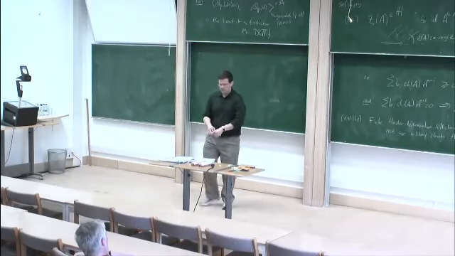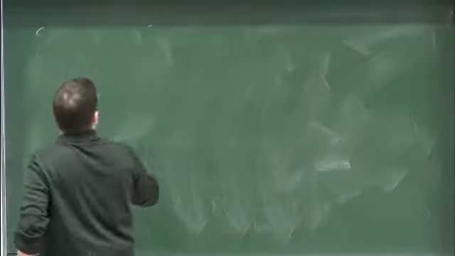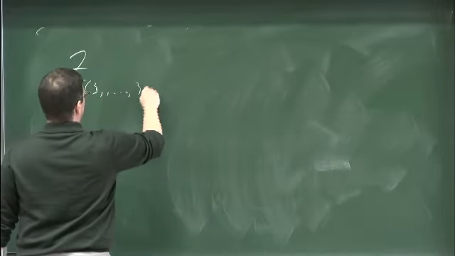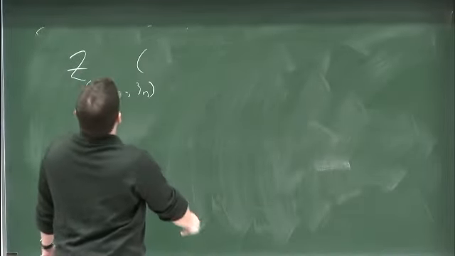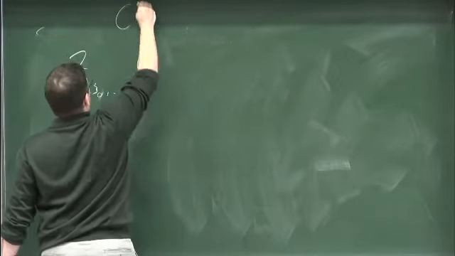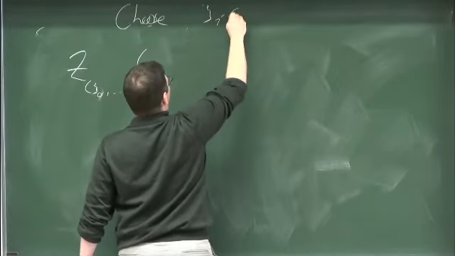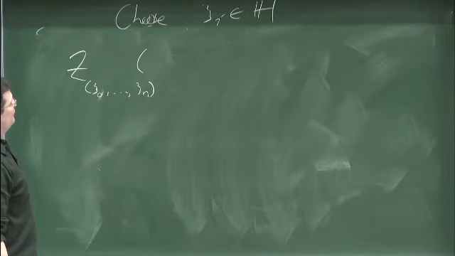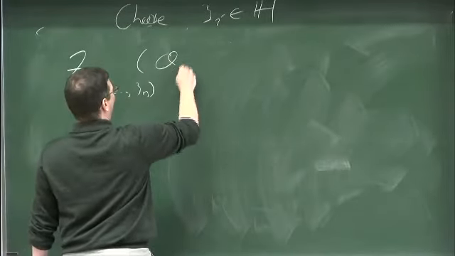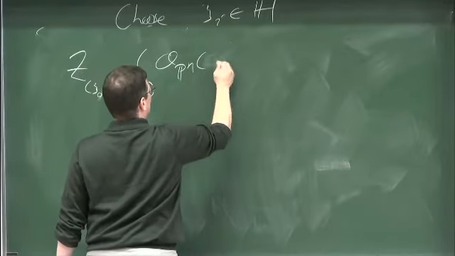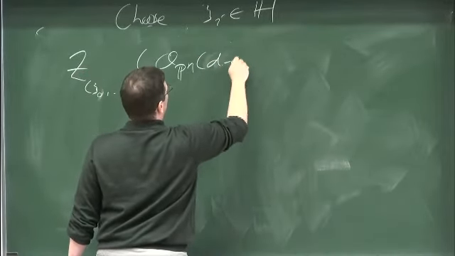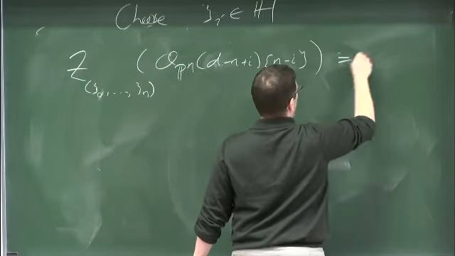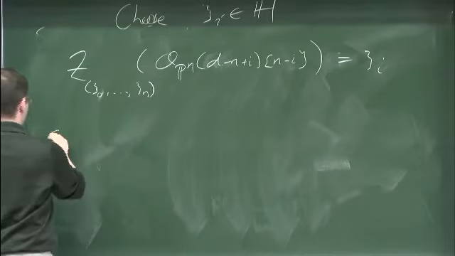So if I just let zeta 1 through zeta n be the Z of these objects, if I choose some complex numbers in the upper half plane and I set Z of each object to be zeta i, then these are all stability conditions.